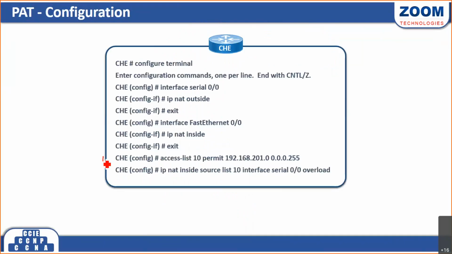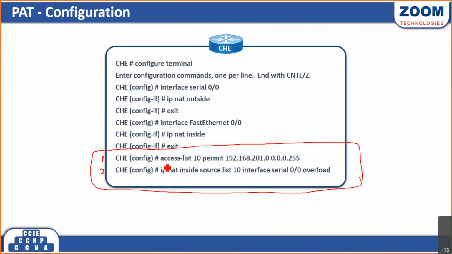So command statement number 1, statement number 2: both statements are common, defining the NAT inside and outside. So PAT configuration is the last 2 commands. First, create the ACL rule: access-list 10, which means standard ACL, permit the whole network with the subnet wildcard mask. Next, IP NAT inside source list, where list means the ACL number.